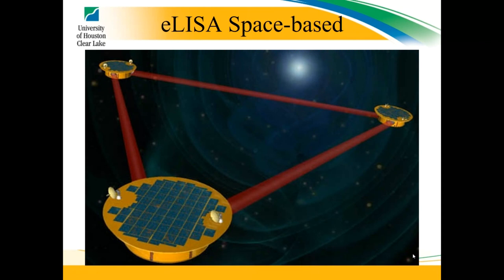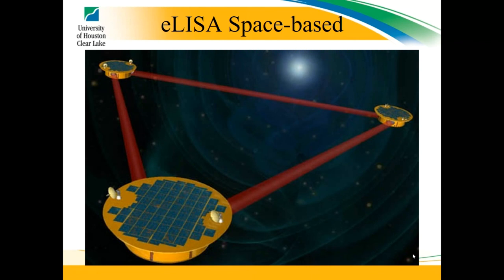The nice thing about space is that you're not limited to the size of the Earth, so you can make longer arms. That way you can get more than the diameter of an atomic nucleus between them.